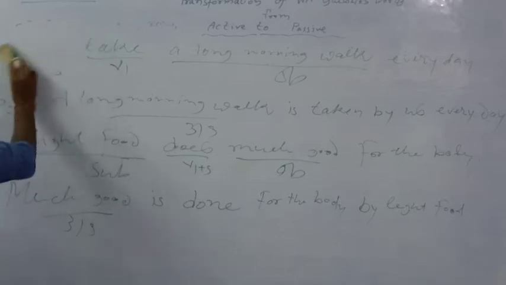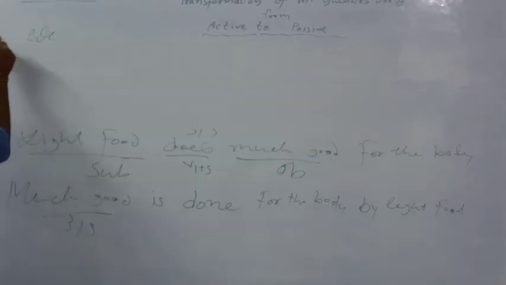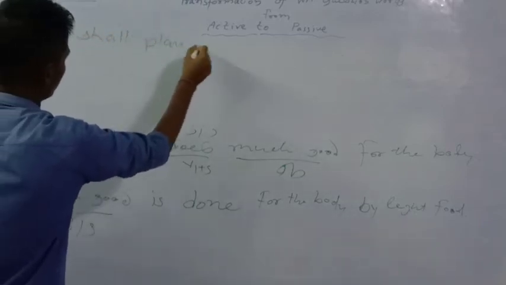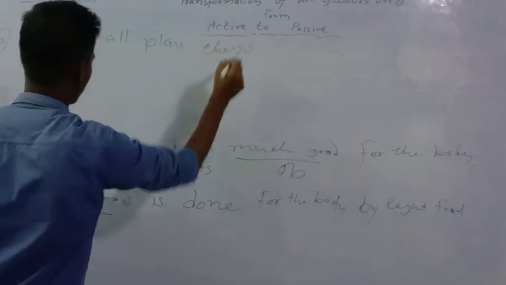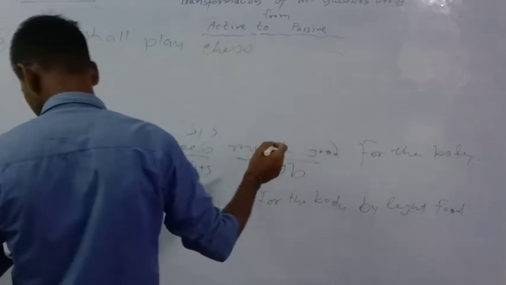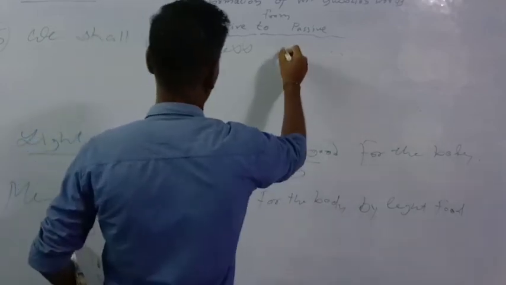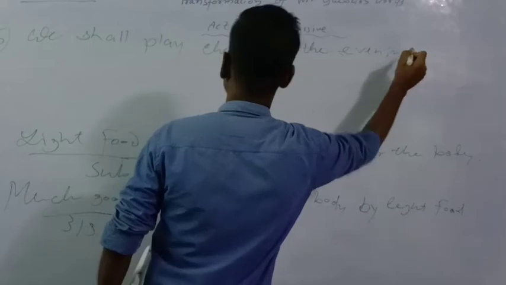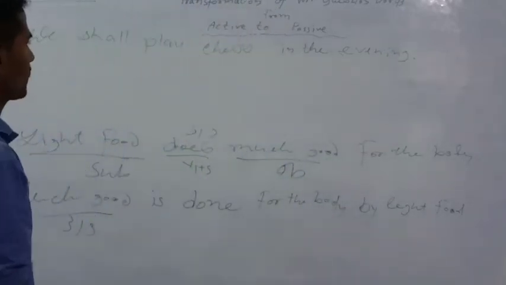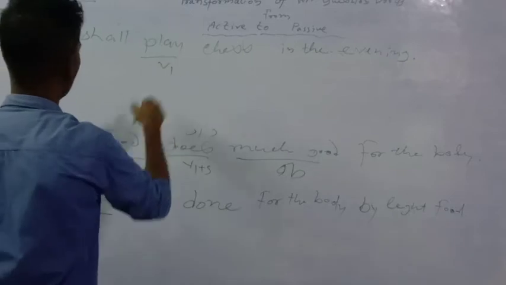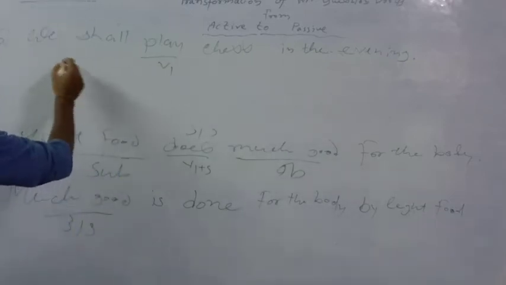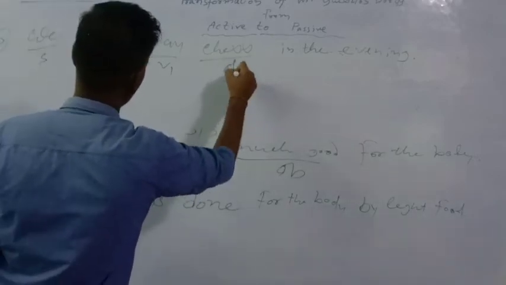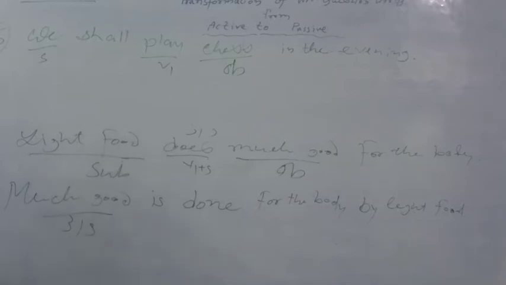So let us proceed to the next question. Question number 5. We shall play chess in the evening. Find out subject, verb, object. Play is the verb, B1, then we, subject. What play? Chess is the object. Now shall is there.